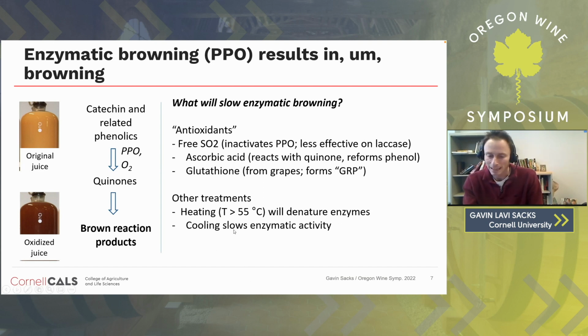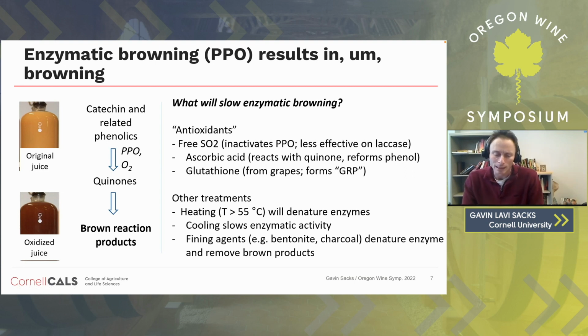Cooling will slow down enzymatic activity. And then finally, treatments like fining agents like charcoal and bentonite can be used to bind to and remove some of the browning products that are formed, as well as inactivate enzymes.